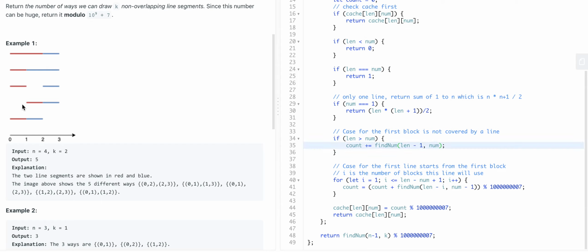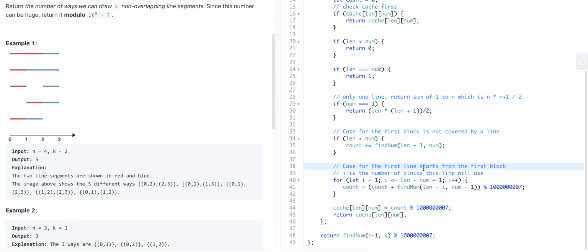So in this case, we have length 3, num is 2. Now we don't care about the first one, so we have length of 2, because 3 minus 1 is 2, and num is still 2. So we ask the question to get that answer: how many ways can I do it.